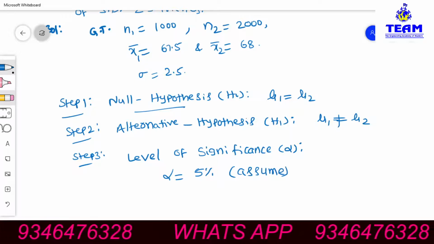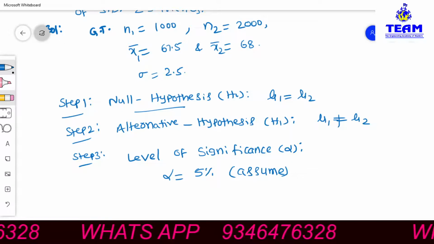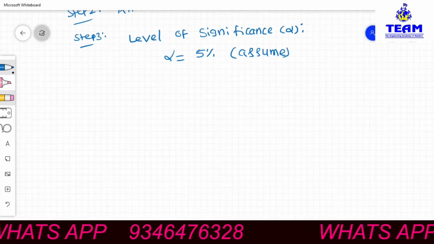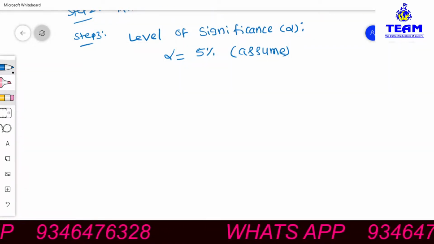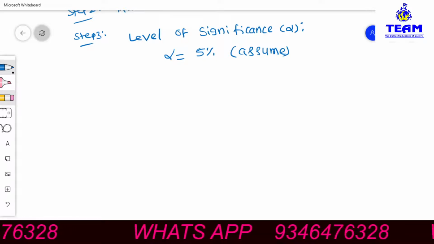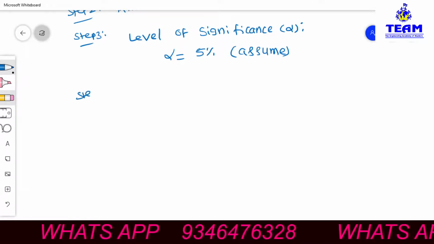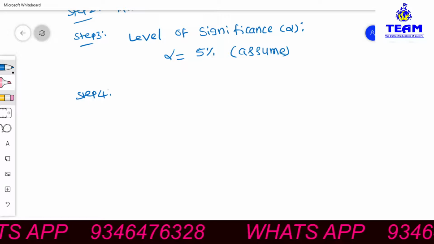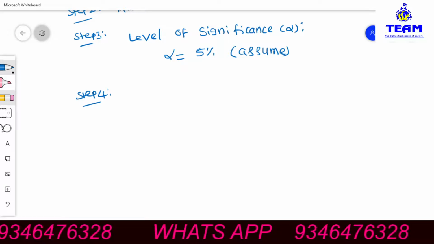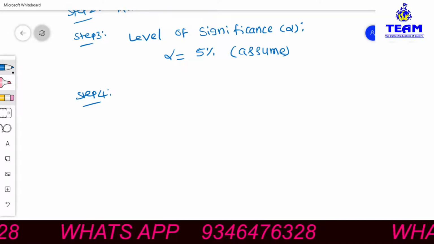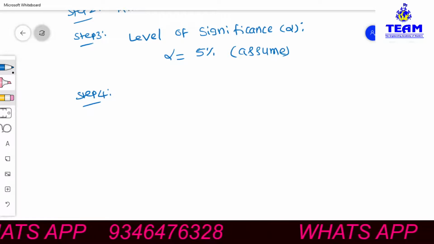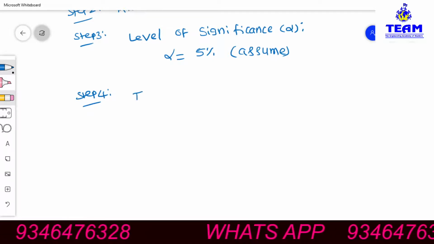Next, the important step, that is the fourth step, is known as the test statistic. Friends, we observe that step 4 is the key point of the given problem. Why? Because whether there is a single mean or two means decides which formula to take in this step.